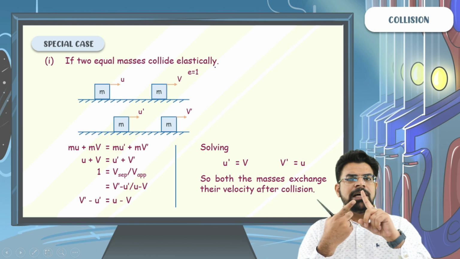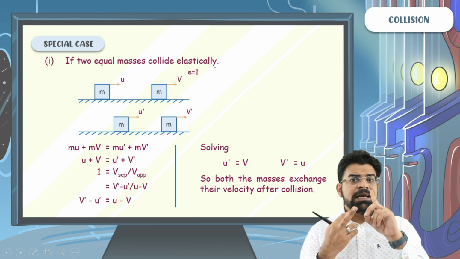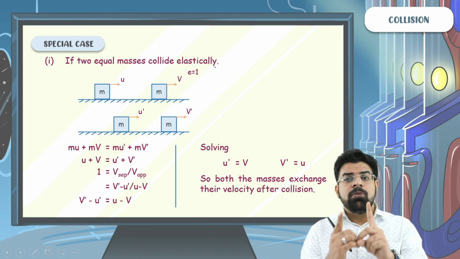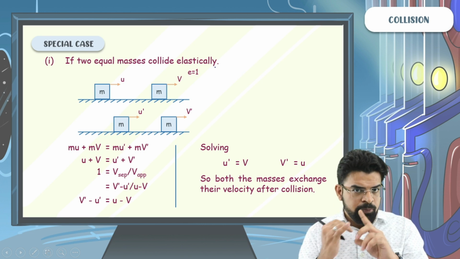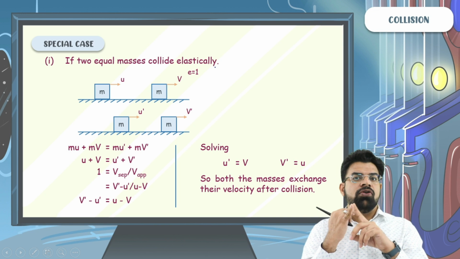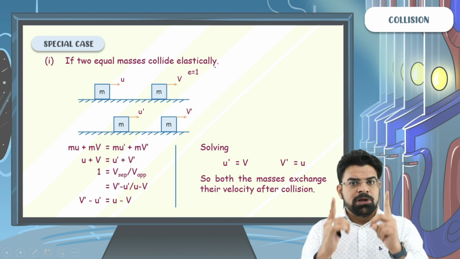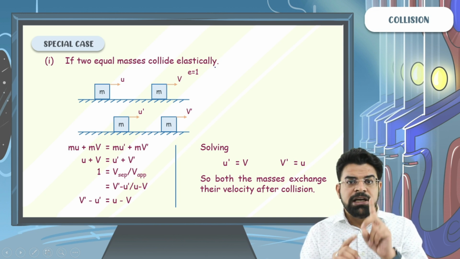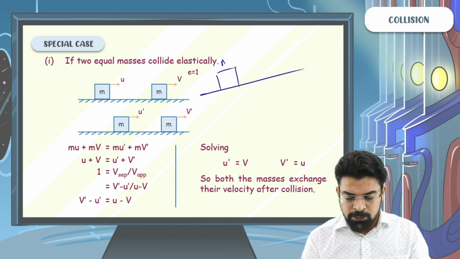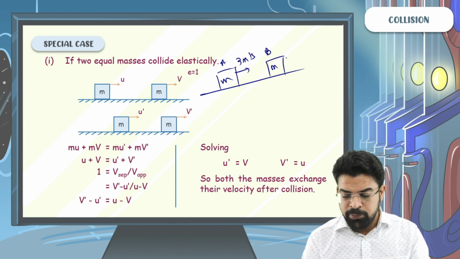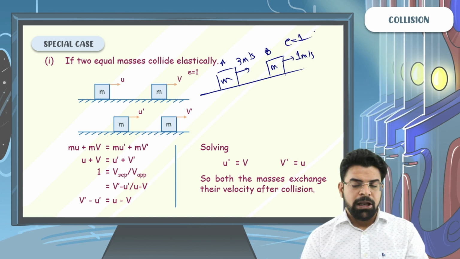If both the masses are equal and the collision is elastic, then both the bodies exchange their velocity along the line of impact. So for example, if tomorrow you see there is a block A of mass m and a block B again of mass m, A moves with a velocity of 3 meter per second and B moves with a velocity of 1 meter per second, and let's say the coefficient of restitution is 1.